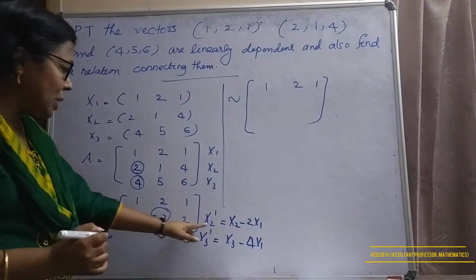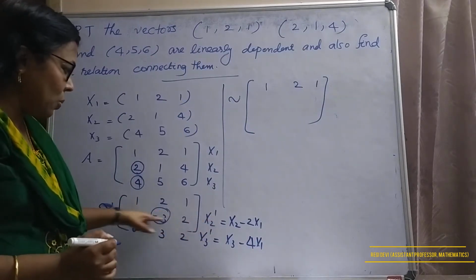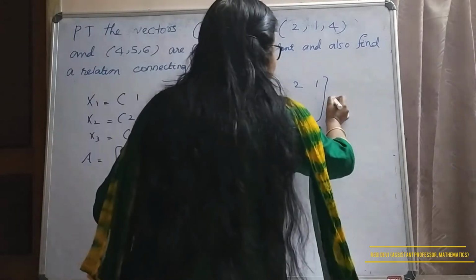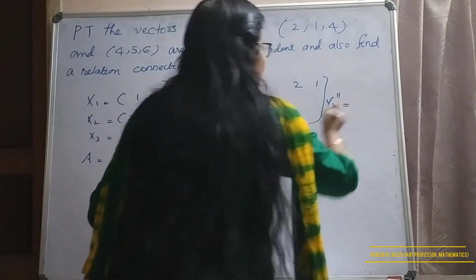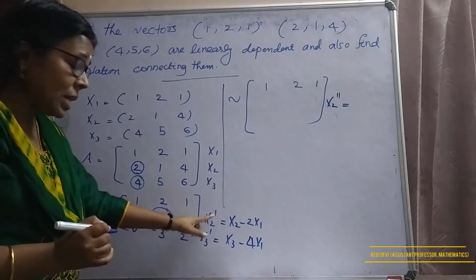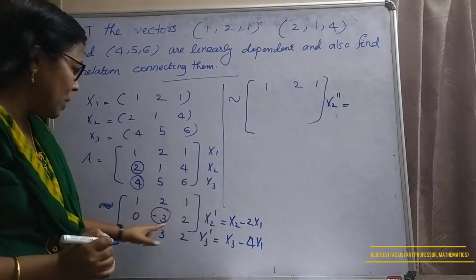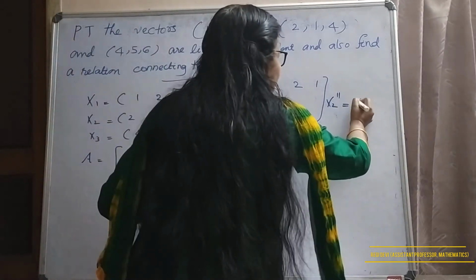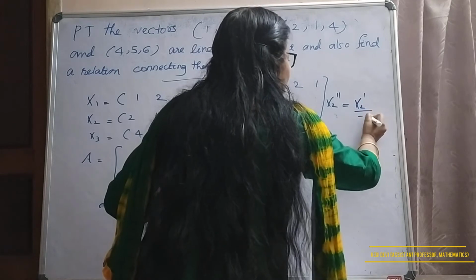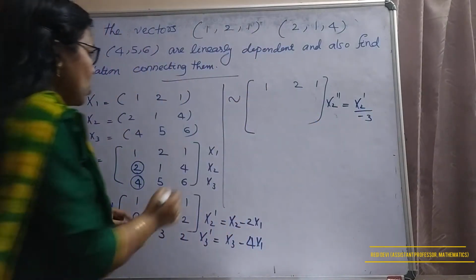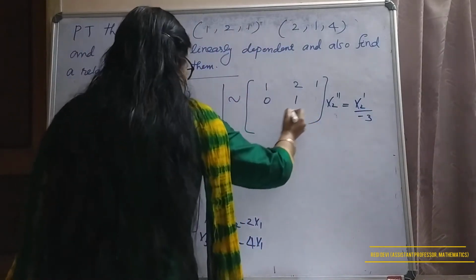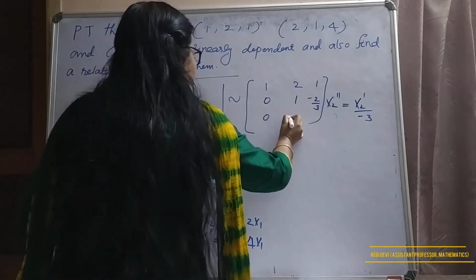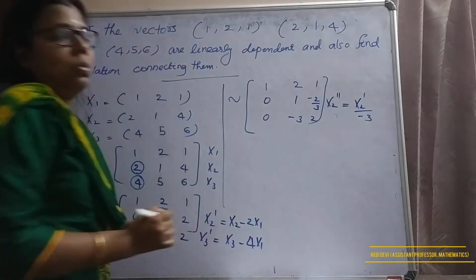Then we change x2 dash, the second row. x2 dash changes to x2 double dash equal to x2 dash by minus 3. That is 0, 1, minus 2 by 3. Then the third row is 0, minus 3, 2.